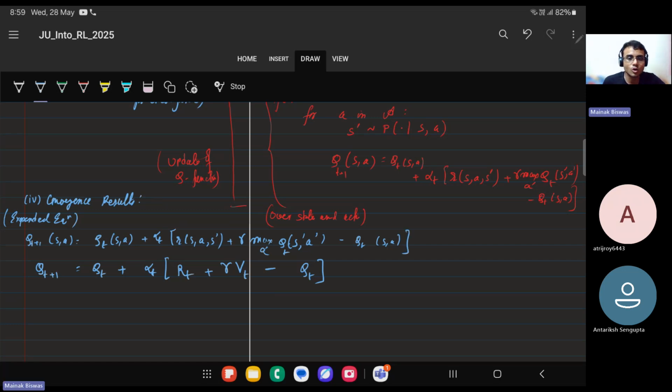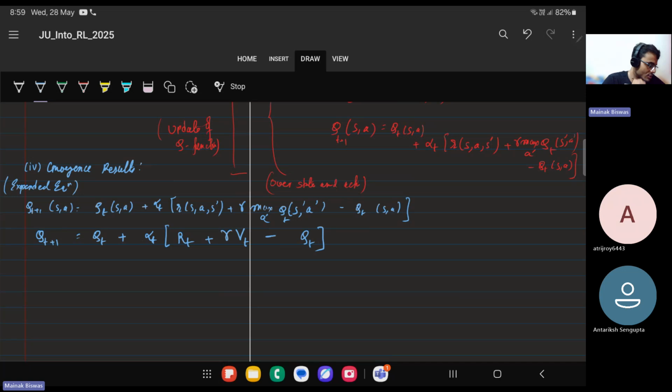Now I want to write the above equation in matrix form. So I will write Rt of S comma A. Tell me the dimensionality of Rt. What dimensionality should each of these be? What is the dimensionality of Qt?